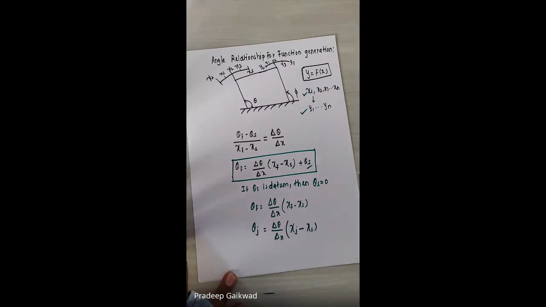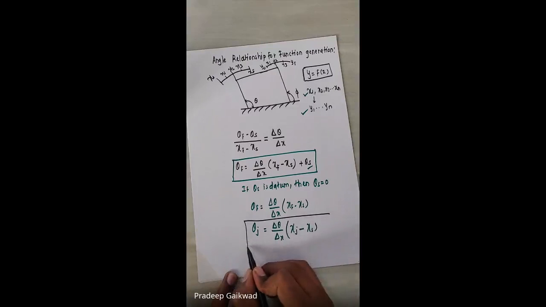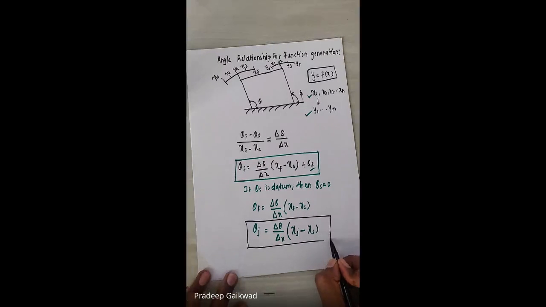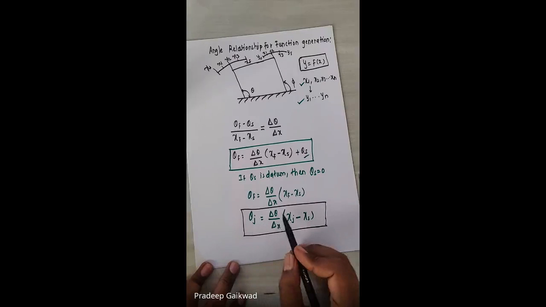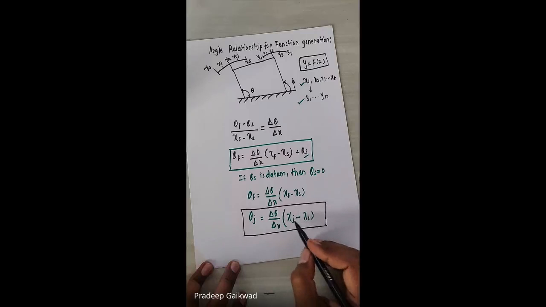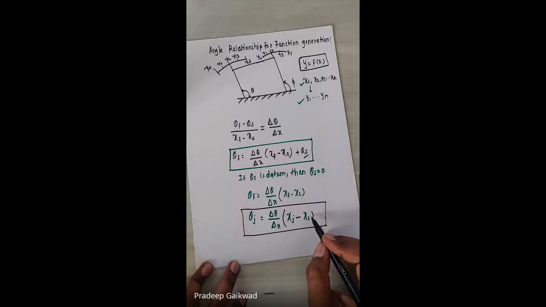And so this is your equation for any angular displacement at the jth position. So theta of j is equal to delta theta by delta x, range of theta upon range of x, into x at that position minus starting position.